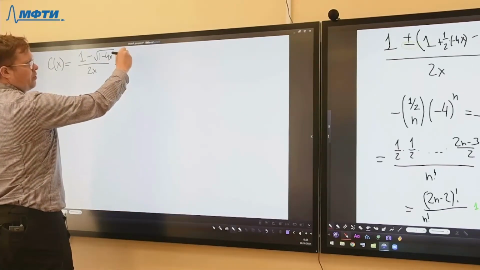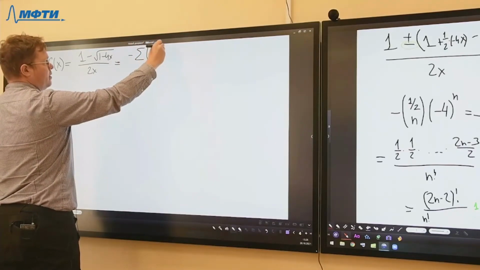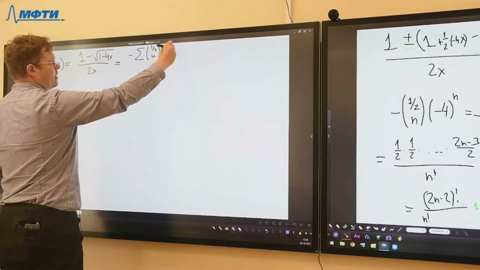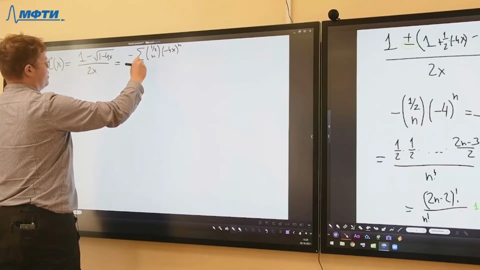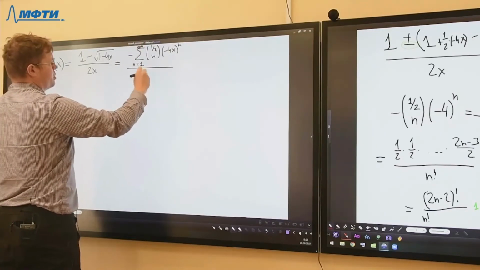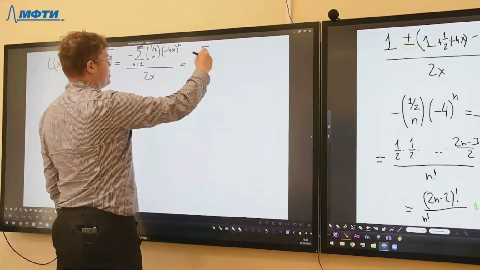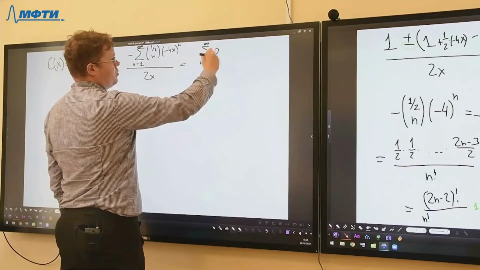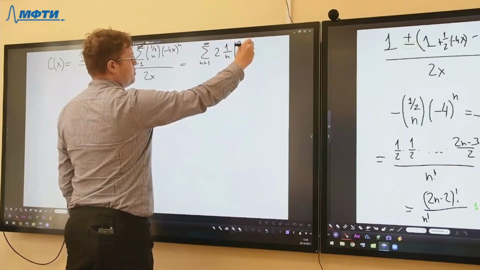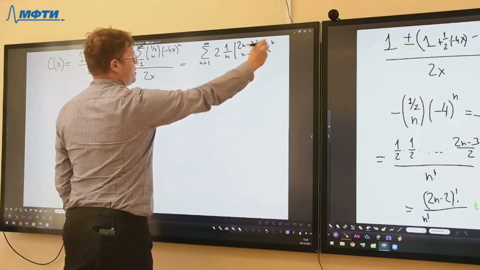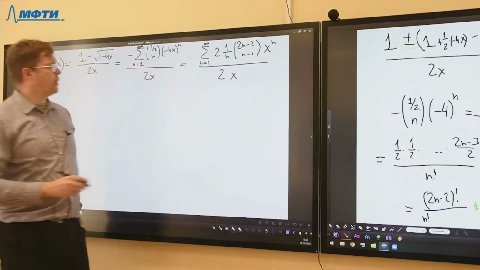So here we'll have minus the sum of 1 over 2 over n times minus 4x to the power n, from n equals 1 to infinity, over 2x. This will be the sum from 1 to infinity of 2 times 1 over n times 2n minus 2 choose n minus 1, times x to the n, over 2x. So 2 will be cancelled.